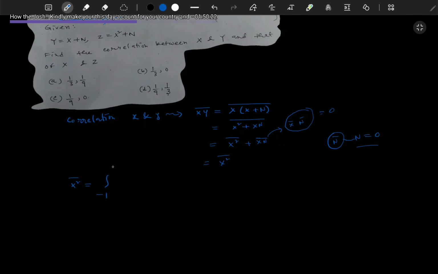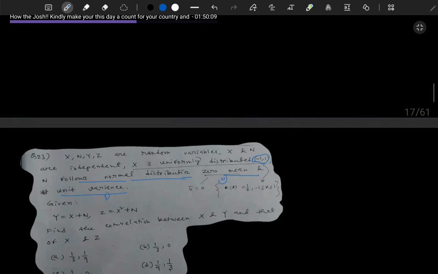If we want to calculate it like this, x square into the probability density function value, 1 by 2, because it is distributed in between this, so its value is 1 by 2.